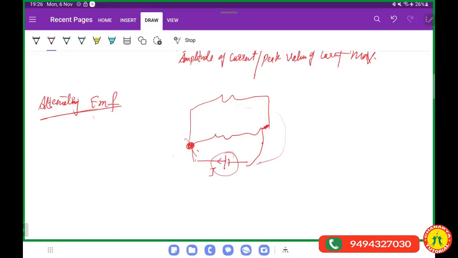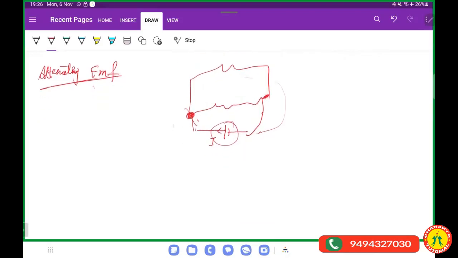It is like a battery only. This force is nothing like an actual thing. Even in real life, we say force, but there is nothing like force actually. It's just a feeling. I'm applying a force on the pen, so it is writing.